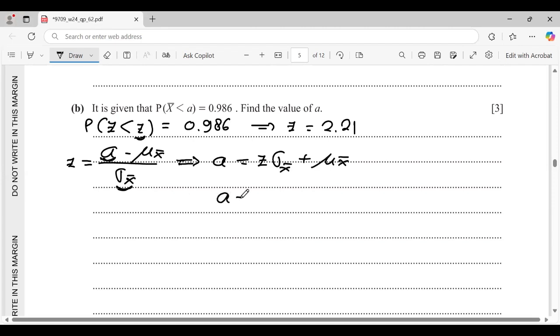So it becomes 2.21 times 0.6846 plus 35. And if you compute, the result is 36.51. Next question.